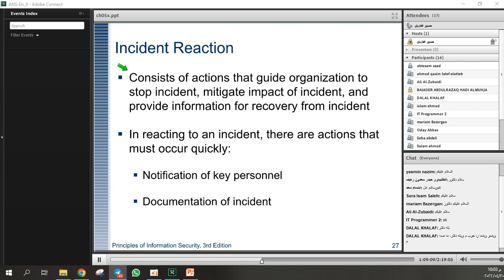How should I recover information after this incident? Previously I prepared the necessary documents, I applied the training, and now my organization can react quickly.